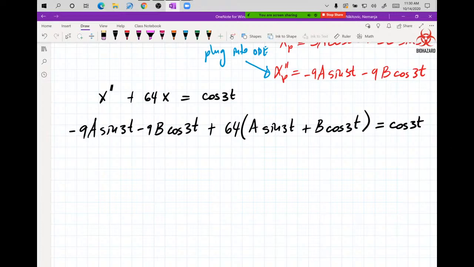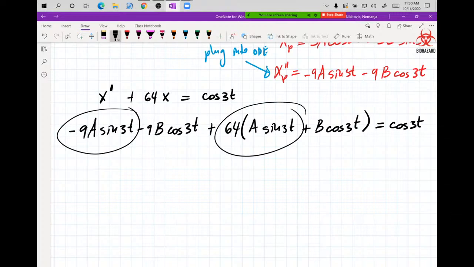So now we pile up all sines and all cosines and equal them to the coefficients of the right-hand side. On the left, I have this as the a sine, and here is my a sine. So that's 64 minus 9. Well, that's 55a.